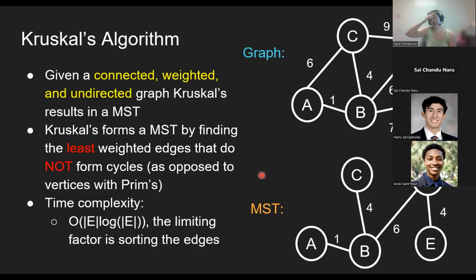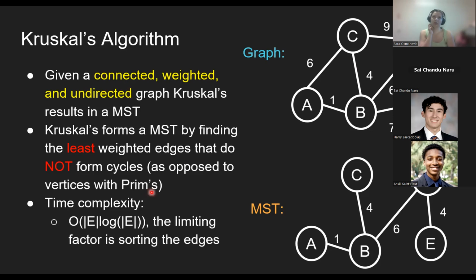Kruskal's algorithm is similar, but first of all, it picks the least weighted edges that do not form cycles. It works with edges as opposed to vertices.